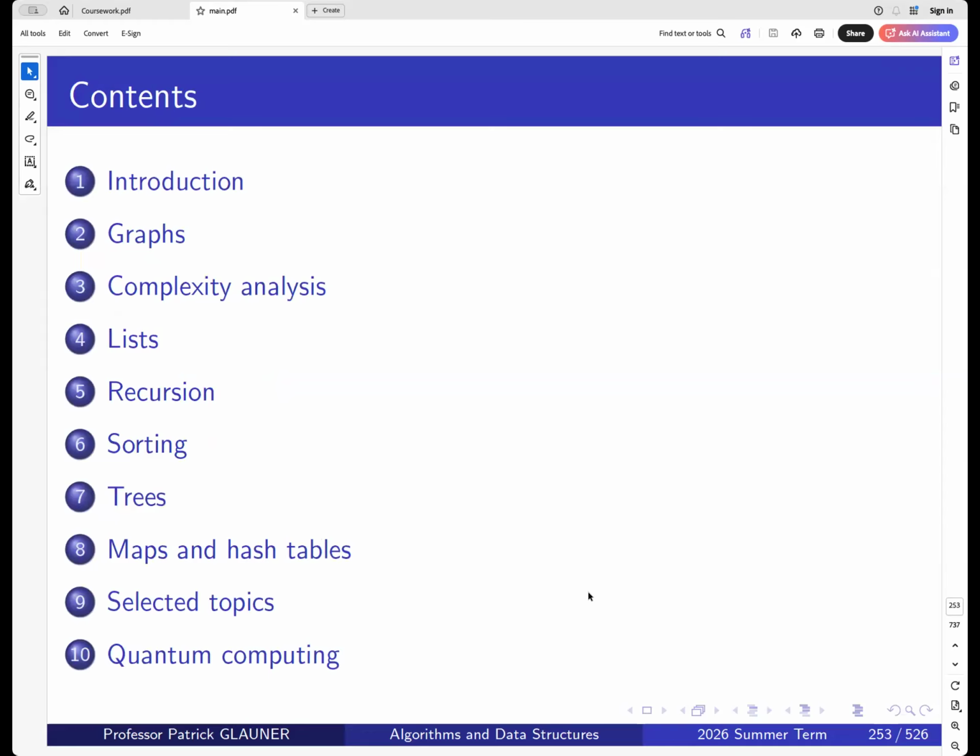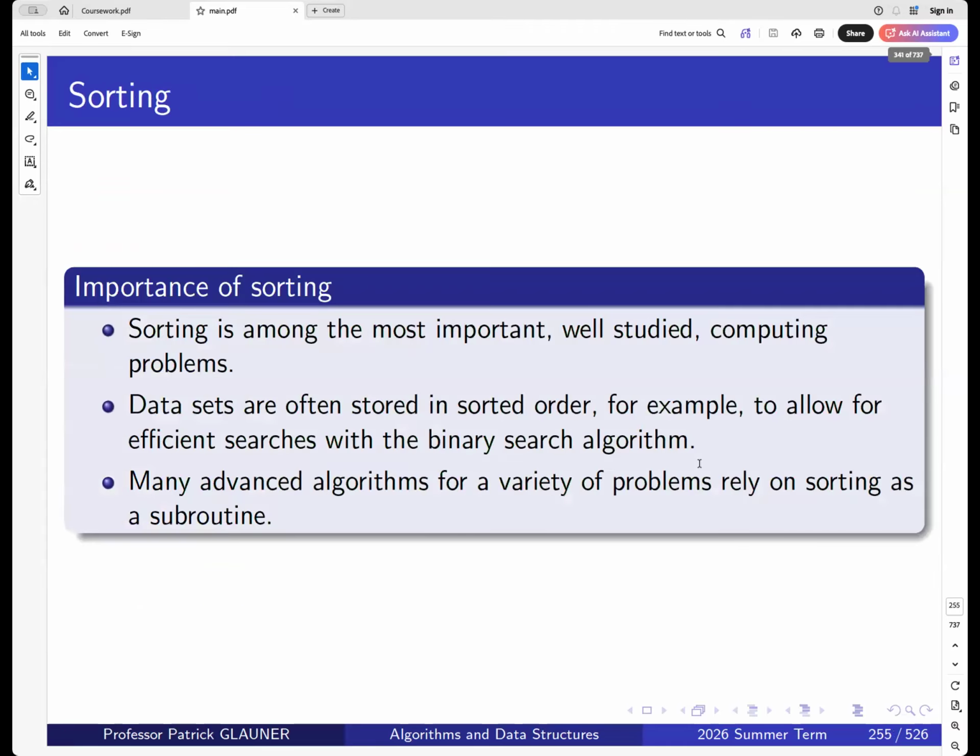Plus, I've put it here in this section of the course so we can describe some of the sorting problems in terms of recursion. And once we have done this, we will see trees, which are another efficient approach to store and search data, and maps and hash tables are yet another approach. So that's how all of these topics eventually fit together.